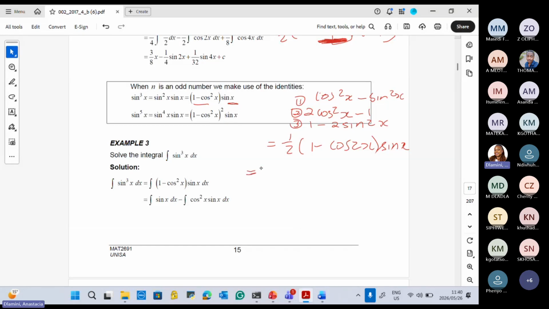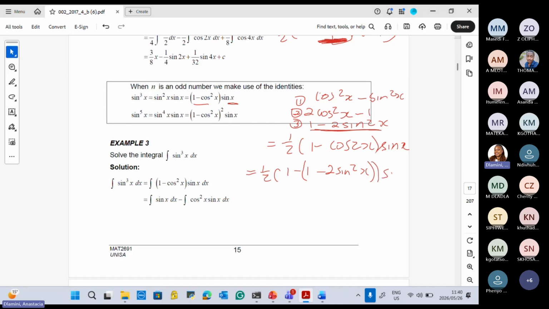So if you have 1 over 2, let's choose maybe this one over here. So this will be minus 1 minus... Am I substituting properly? It's 1 minus 2 sine squared x times sine x.